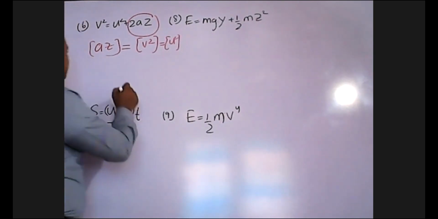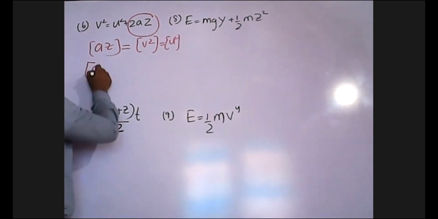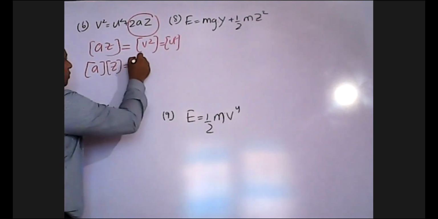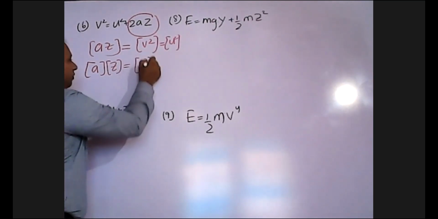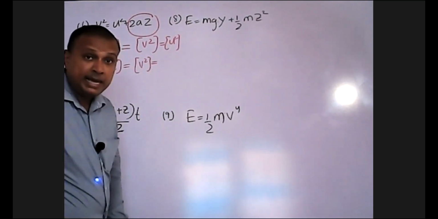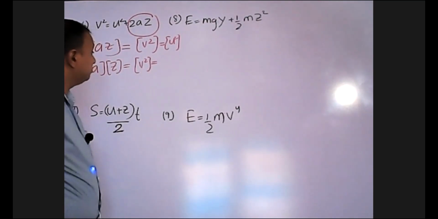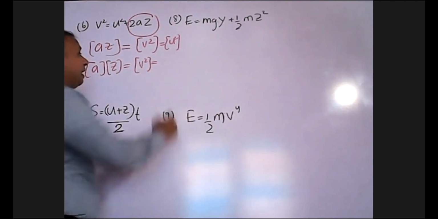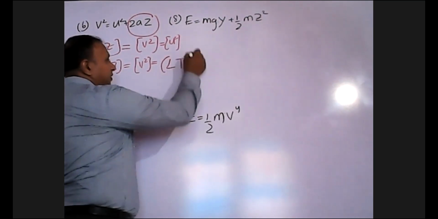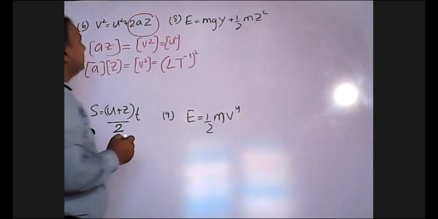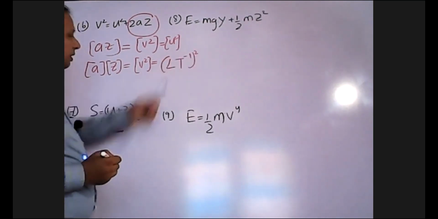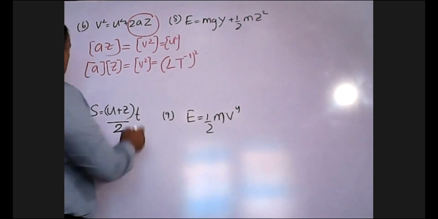Then that means dimension of A into dimension of Z is equal to dimension of V squared. V is a velocity, so we have to take the square of the dimension of velocity: L squared T to the power minus 2.